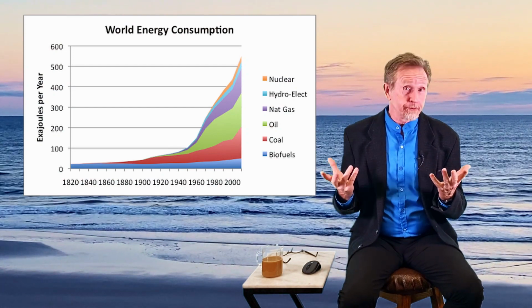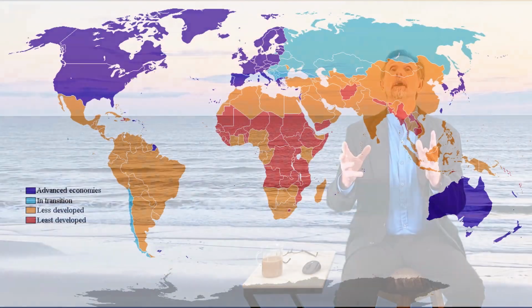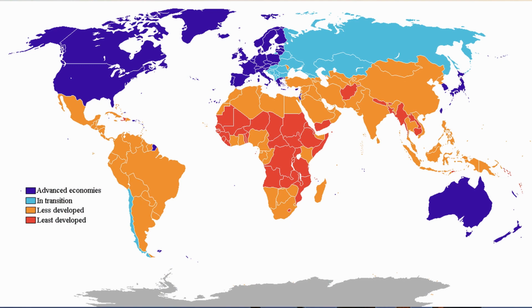Some things are higher efficiency than others. Now, people in more developed countries like North America, Europe, Oceania, by and large, use more energy than people in less developed countries, by and large, South America, Africa, Asia.